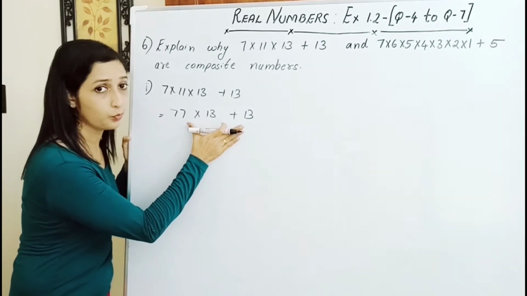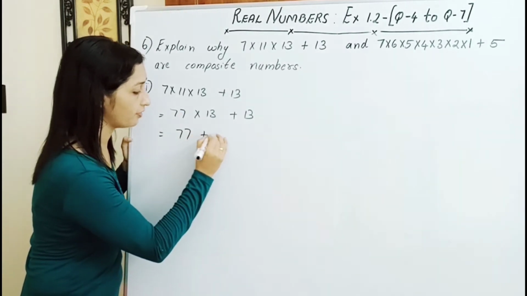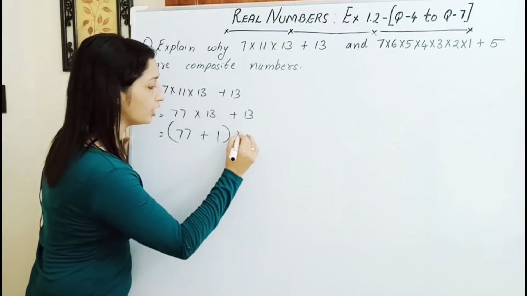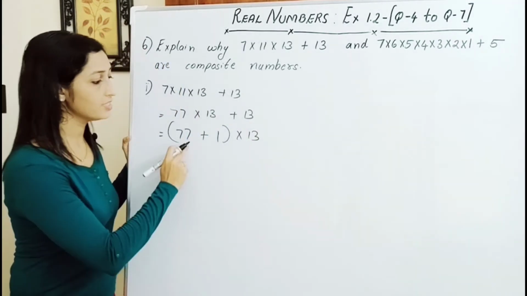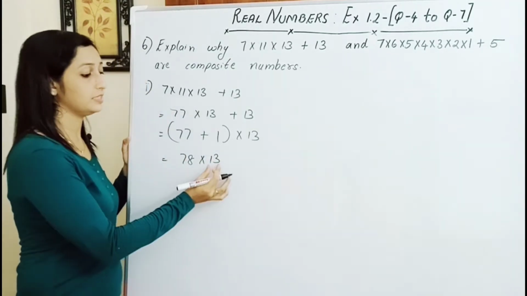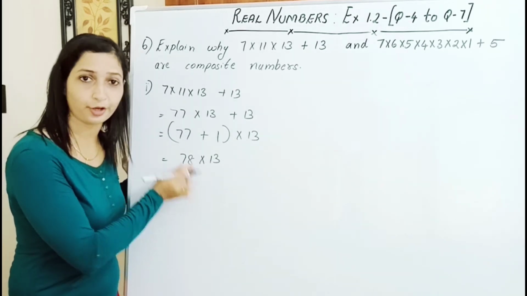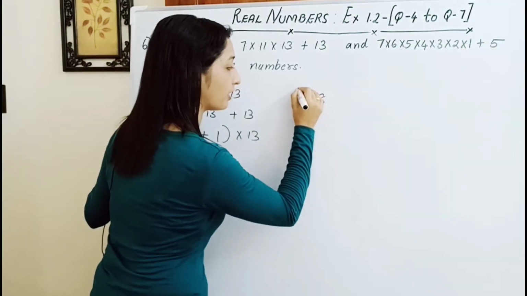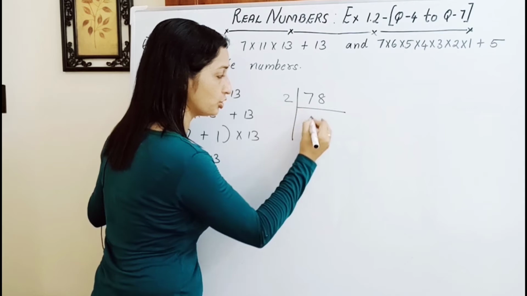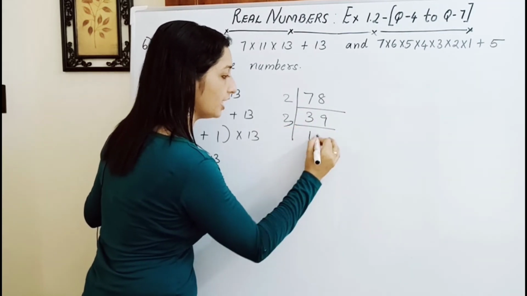Now from here we can take 13 common. So what do I get? 77 plus 1 into 13. What is 77 plus 1? It is 78 into 13. 13 is already prime. So let's try splitting this 78 as a product of primes. Let us do the prime factorization of 78, which is 2 39s are, again 3 13s are.